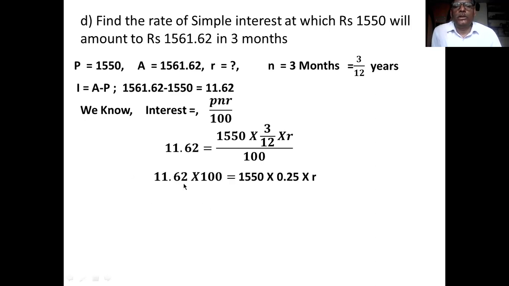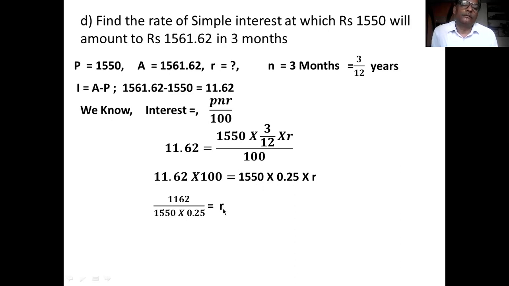So 11.62 into 100 is equal to 1550 into 0.25, I simplified 3 by 12, which is nothing but 0.25, into R. In the next step, you take 1550 and 0.25 to the left hand side. So 1162 divided by 1550 into 0.25 is equal to R.